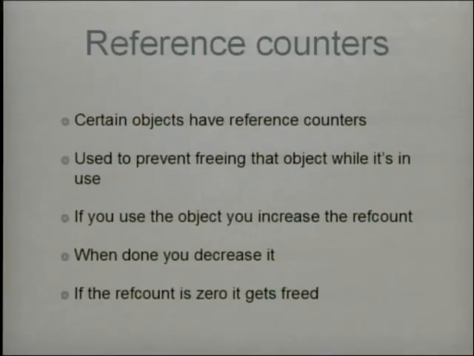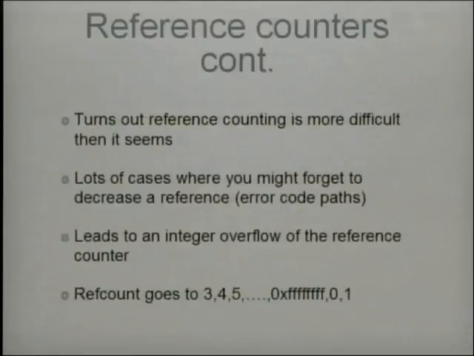So if you have some function which takes this object and uses it, it increases its reference counter, and when it's done using it, it decreases it. And when the object's reference counter gets to 0, it gets freed, because that means nobody is using it anymore, and it's safe to free it. Well, this sounds easy to do.